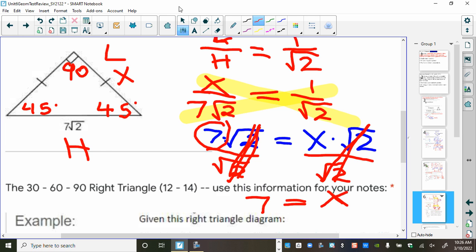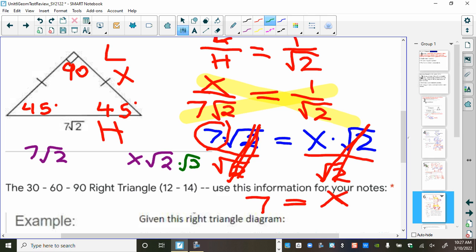Now, going back to this line, I'm going to just show you real quick. If you had 7 square root of 2 equals x square root of 2, and you multiplied both sides by square root of 2, some of you might have done this step.